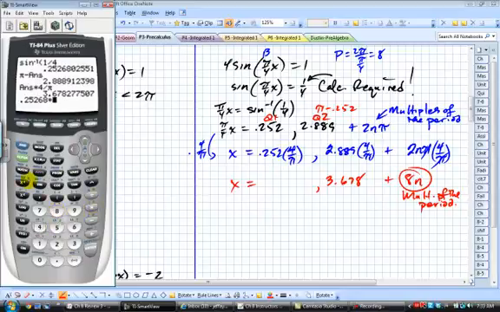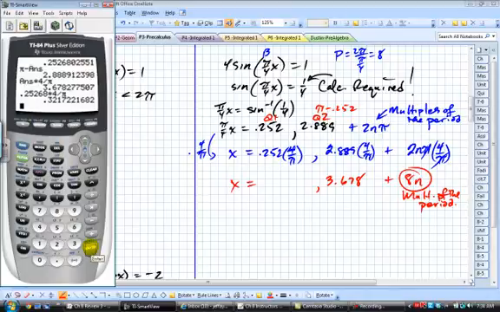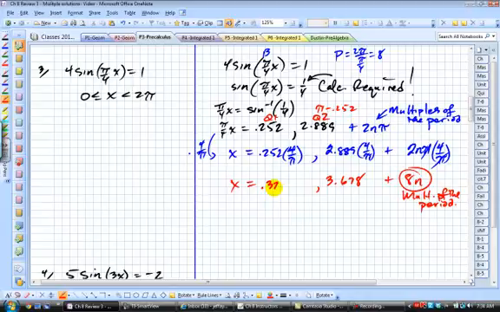Let me start over again. 0.25268, multiply by 4 and then divided by pi. There we go, and I get that solution. So 0.322 roughly, 0.322 radians.